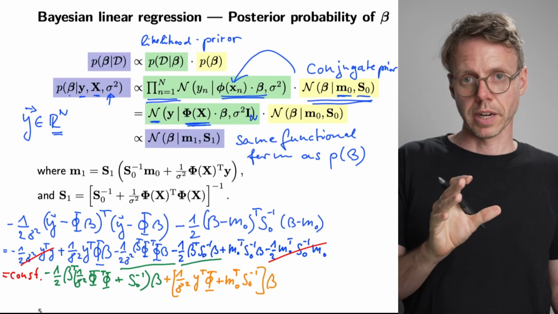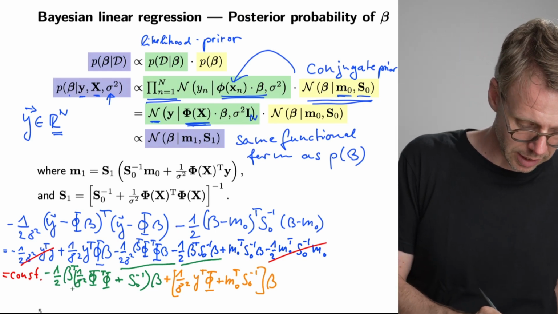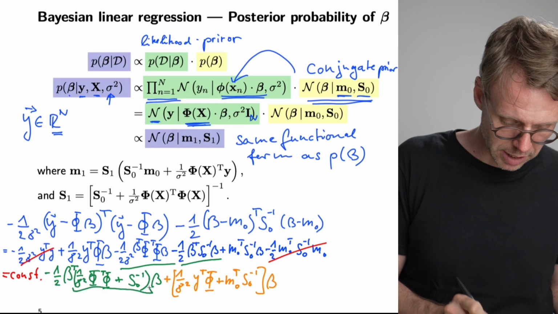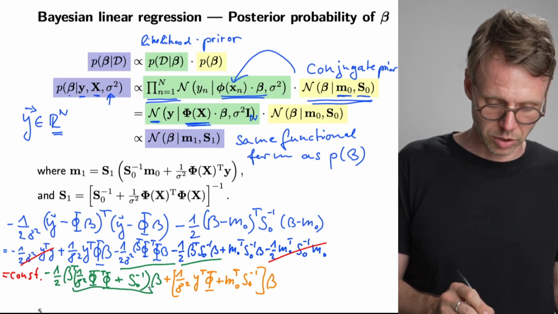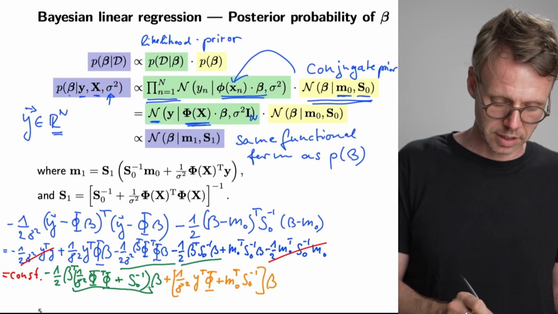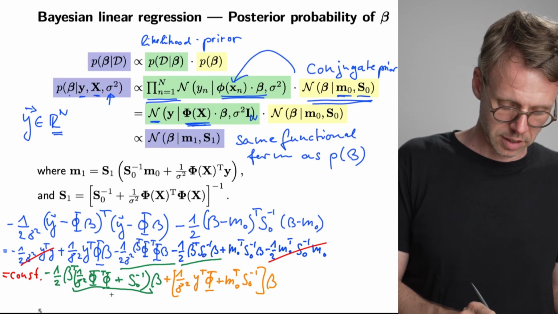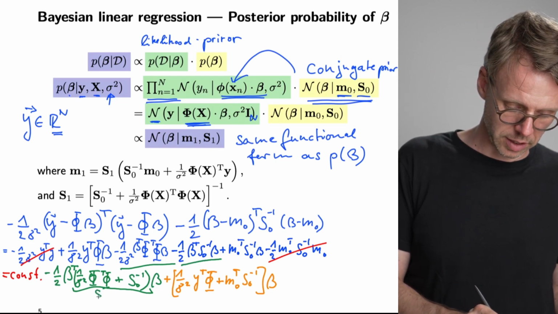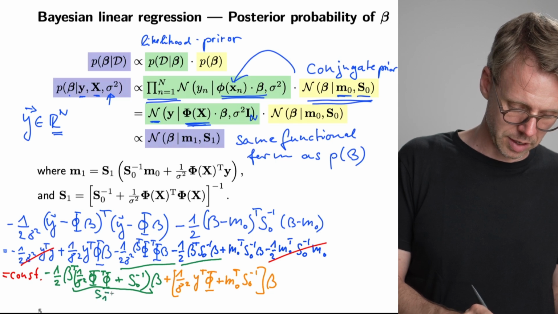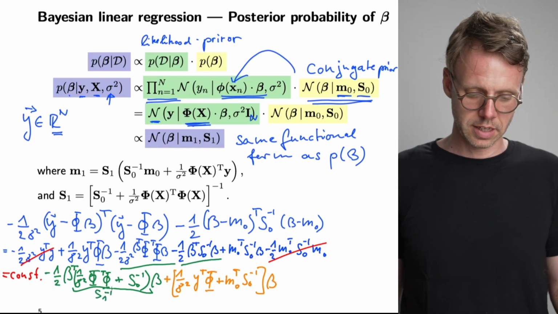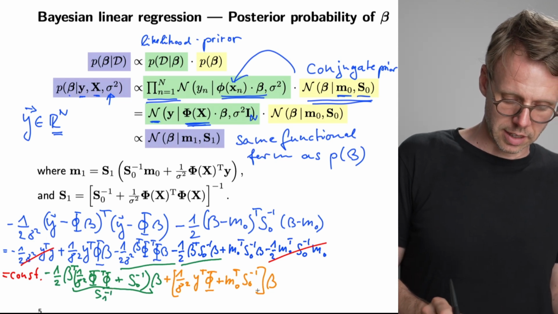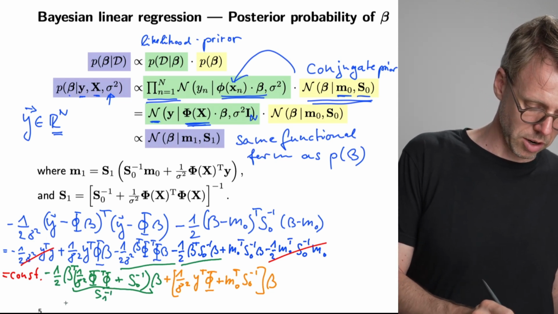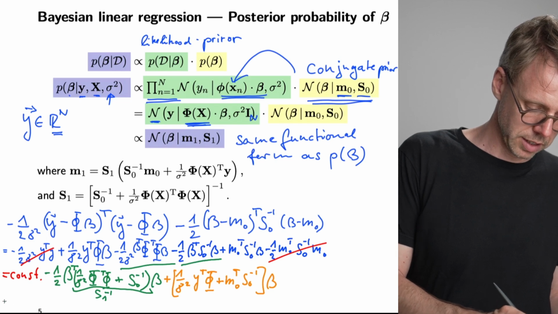If we complete the square, it follows that this here must be the covariance matrix. So this here is S1 inverse. And that we can now use to complete the squares.